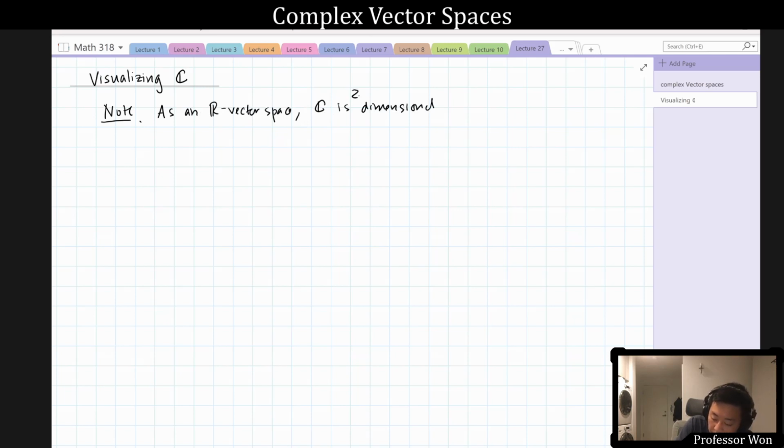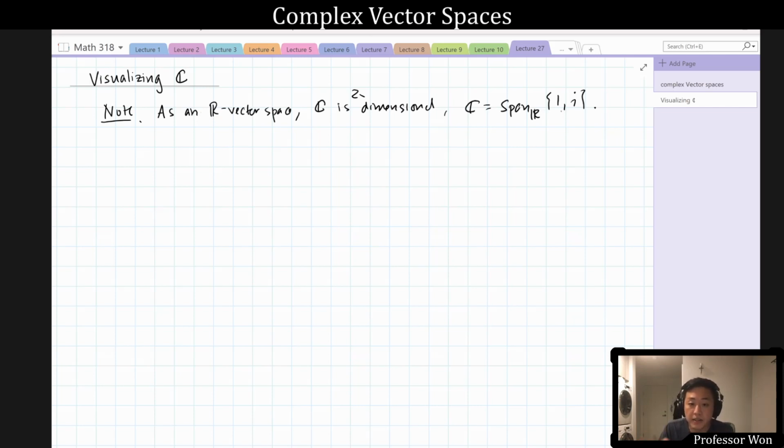C is the R span of 1 and i, and so you take all possible R linear combinations of 1 and i. So as a vector space over R, it actually looks just like R2.